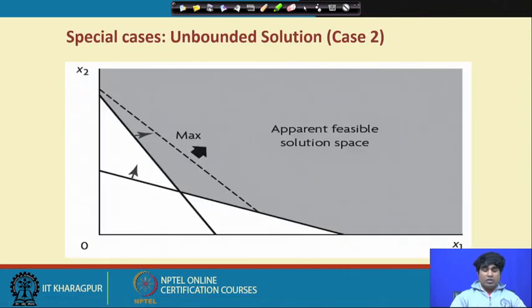And this is another typical special case, which is called the unbounded case. This is a situation where your objective function is of maximization type and the constraints are typically of greater than type.